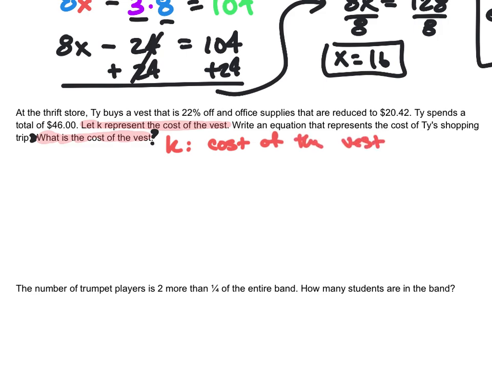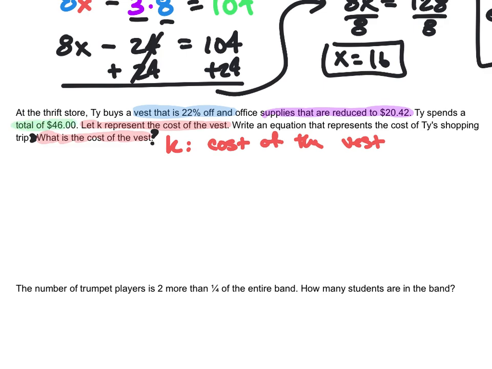Now, we also know that the vest is 22% off. And the office supplies are reduced to $20.42. And then we spend a total of $46.